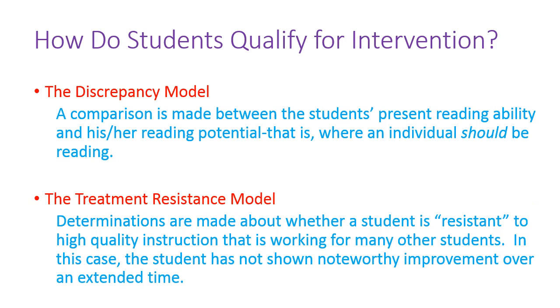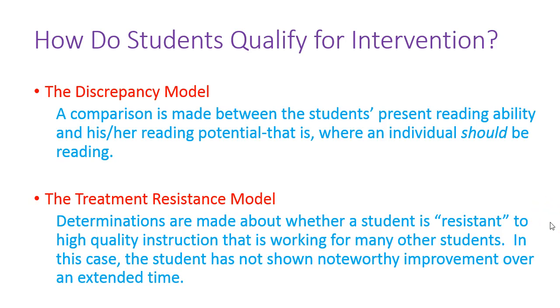What makes the discrepancy model difficult is that in order for it to work, you need to know what the child's reading potential is. So you need to know things like the child's chronological age, the child's intelligence quotient, the environment in which the child has been working; all sorts of things will play into what that child's reading potential is. So it's kind of difficult to make that determination.